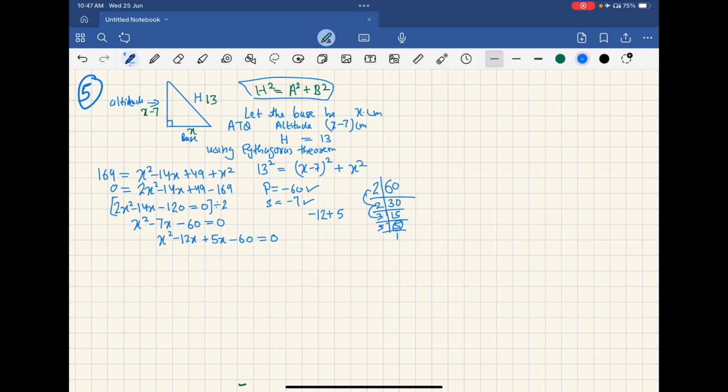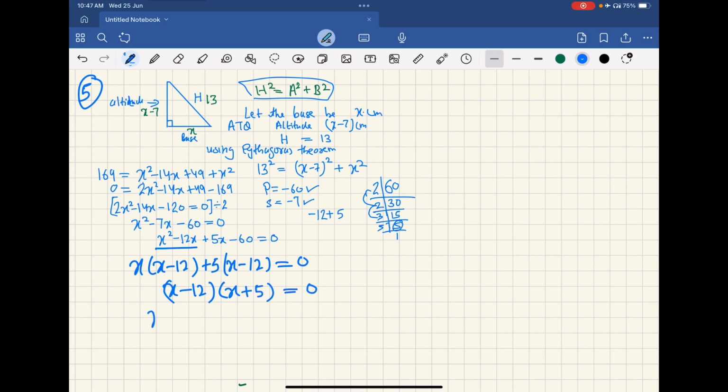Now see, between these two x is common, so x minus 12, and between 5 and 60, 5 is common, so take plus 5 common, and then you get x minus 12, which is equal to 0. Then you get (x minus 12) times (x plus 5), which is equal to 0.